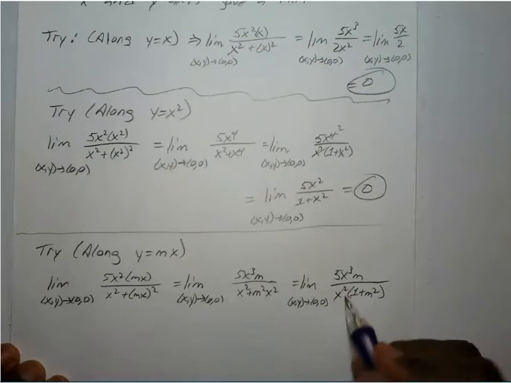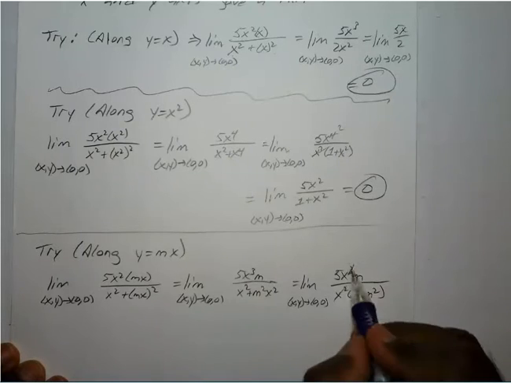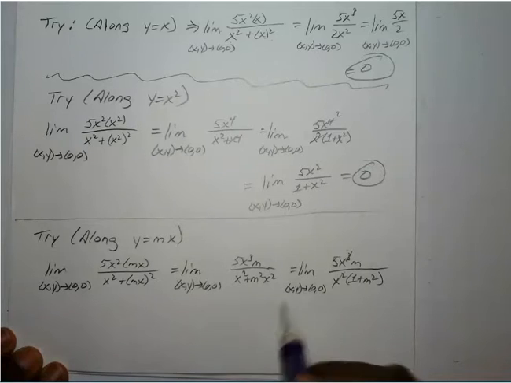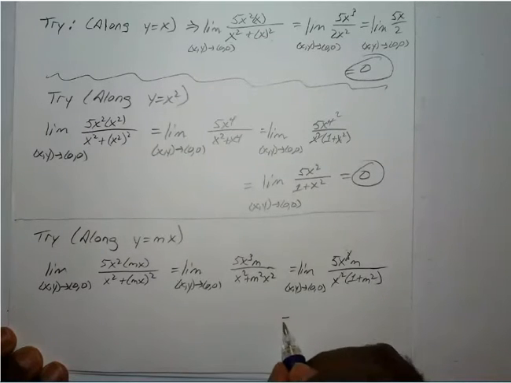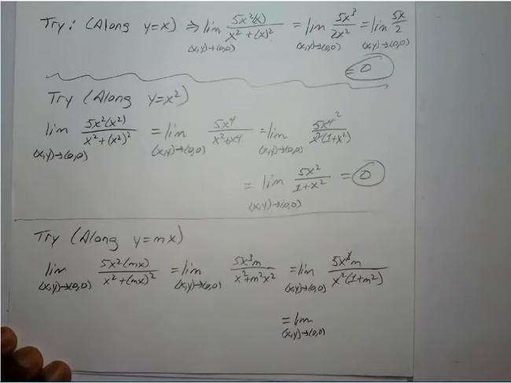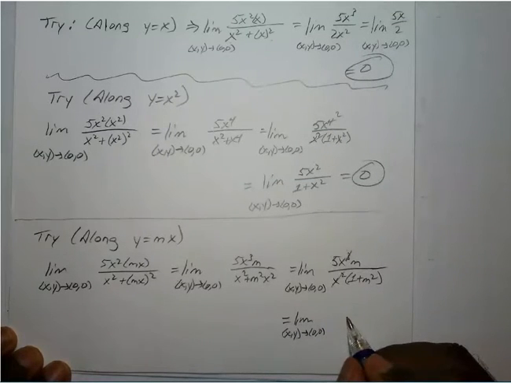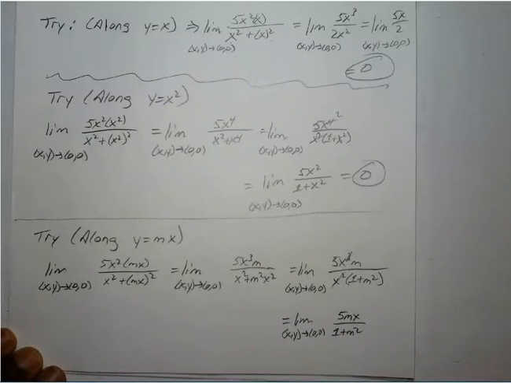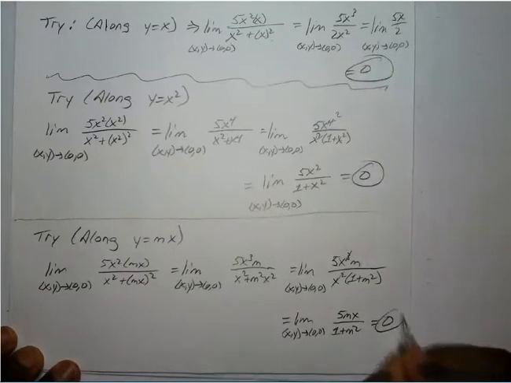So this x squared cancels, and leaves just x to the first power. There we go. So that's going to equal the limit as (x,y) approaches (0,0) of 5mx over 1 plus m squared. And as x becomes 0, that gives us a limit of 0.